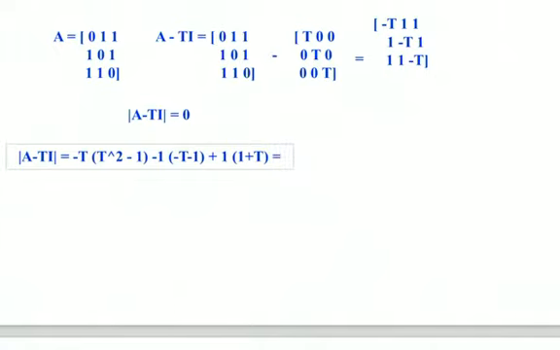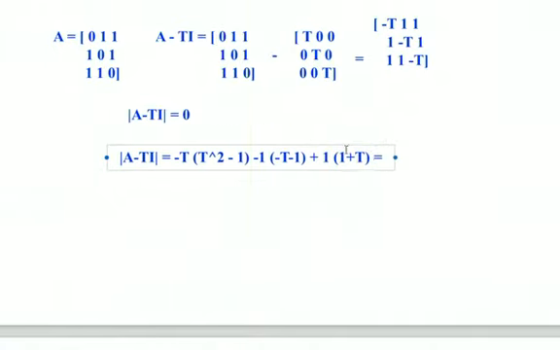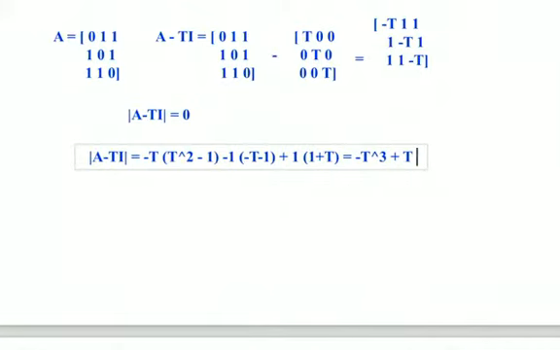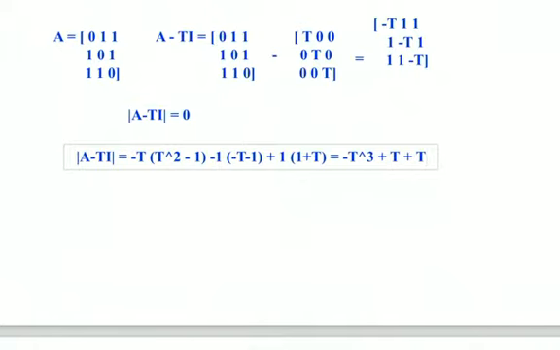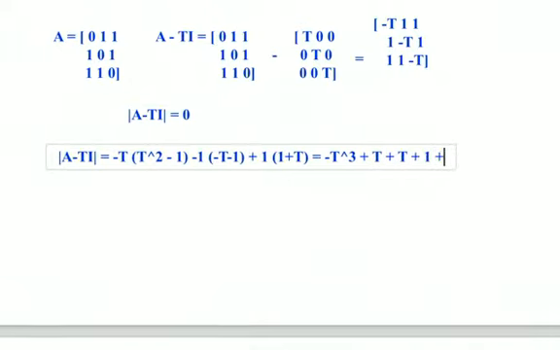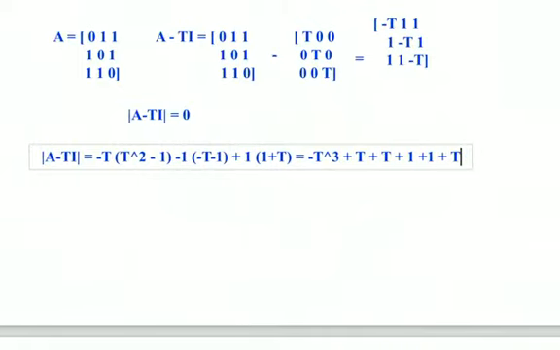Okay, let's now solve this. Lambda into lambda square is lambda cube, minus lambda cube plus lambda plus lambda plus 1 plus 1 plus lambda.